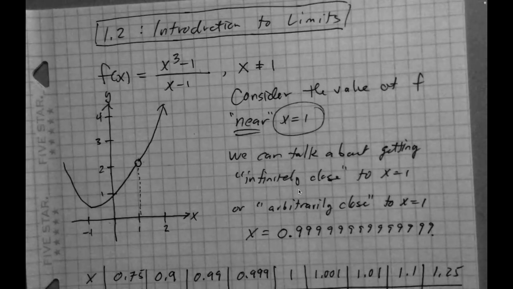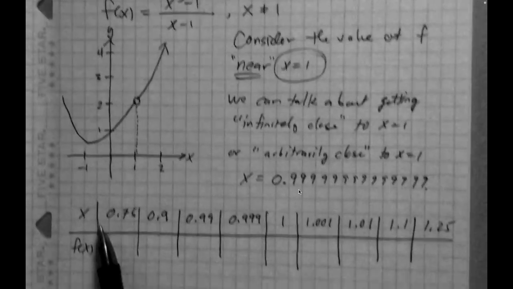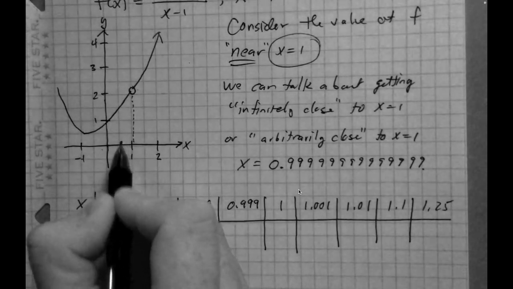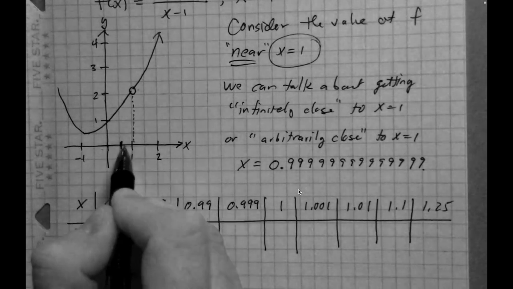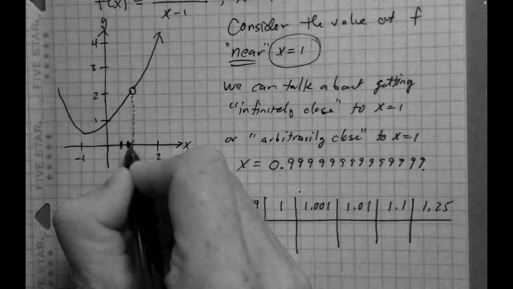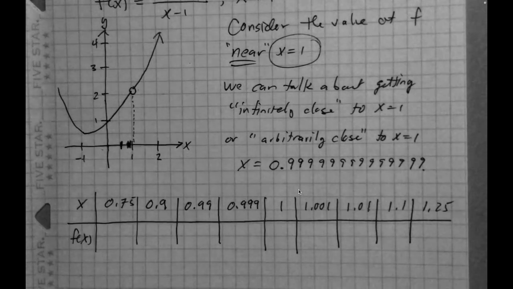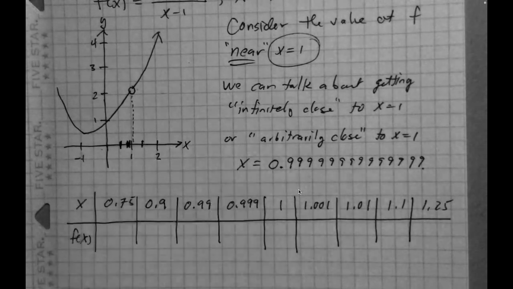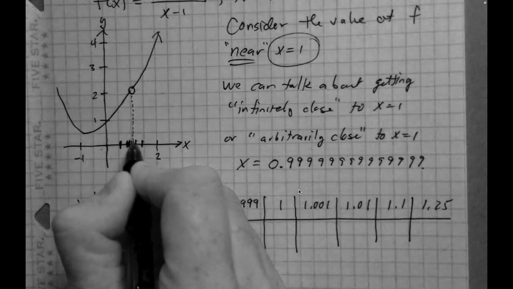Okay, so as you can see, we'd start sort of off over in this area somewhere, and then we would progressively move closer to the value of 1 until we're very, very close to it, right on top of it almost. And then on the other side, you've got something like this, and then you get very significantly closer.